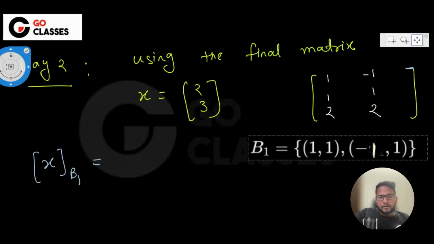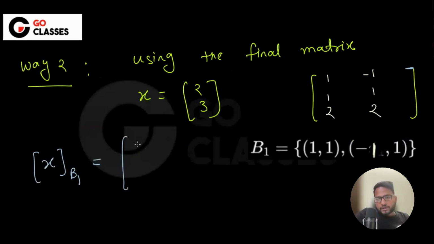Can you tell me what should be there such that it is something into 1 1 plus something into minus 1 1? What are the coordinates?